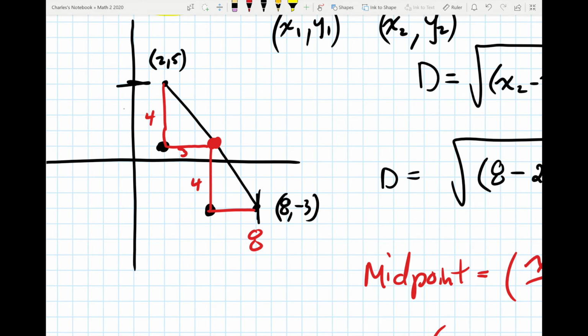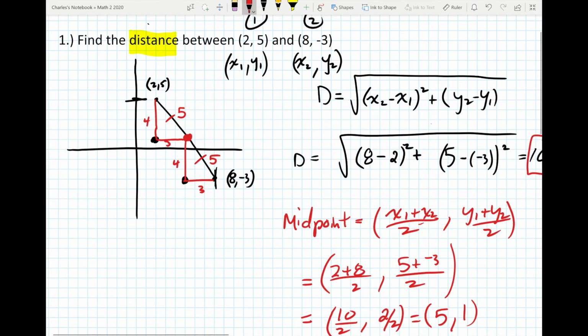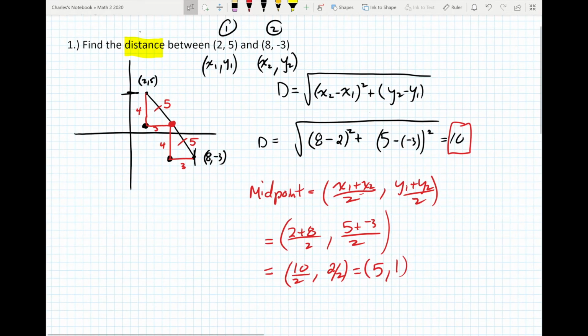And if you need to prove that it is the actual midpoint, you may want to commit to memory that a right triangle with legs of 3 and 4 is always going to have a hypotenuse of 5, because you'll see it all the time. You may not want to spend the time calculating it every time, but now we've shown that these two lengths are identical. So I think we should practice some more.